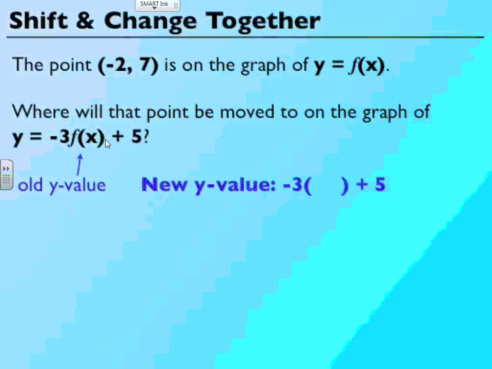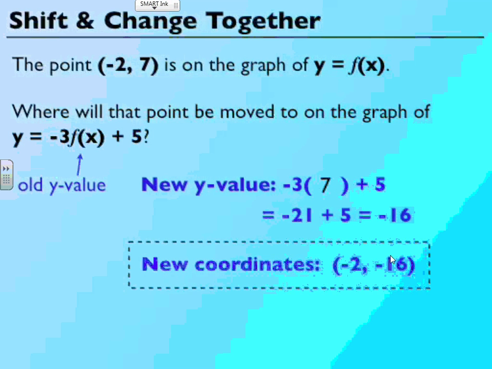So our new y value, we get it by just applying the equation. So our old y value was 7. We plug that in. We follow our order of operations, and we get -21 plus 5 equals -16. So our new coordinates will be -2, -16.